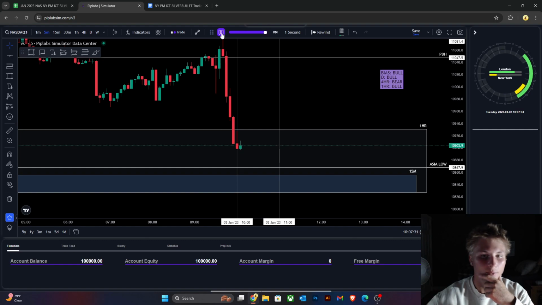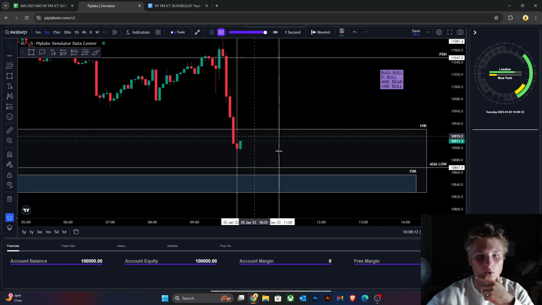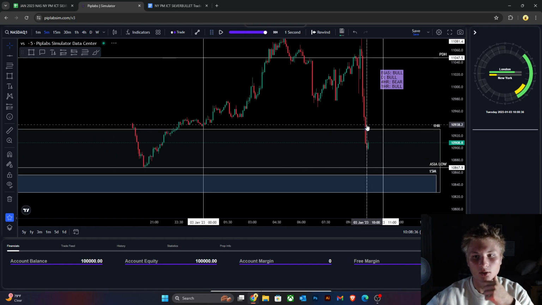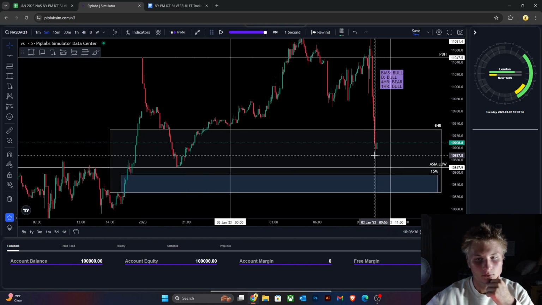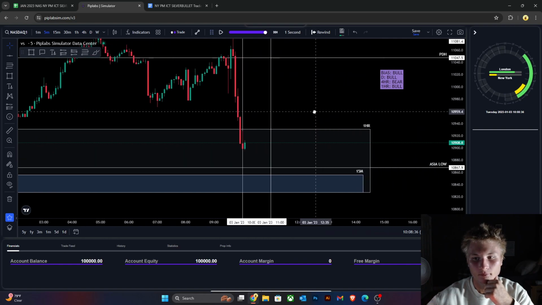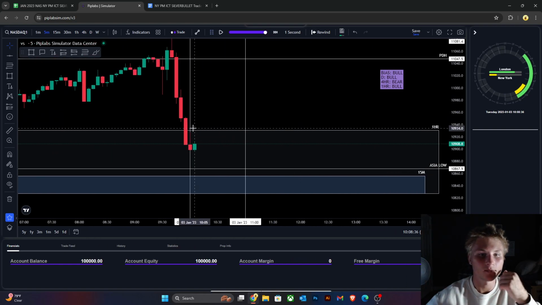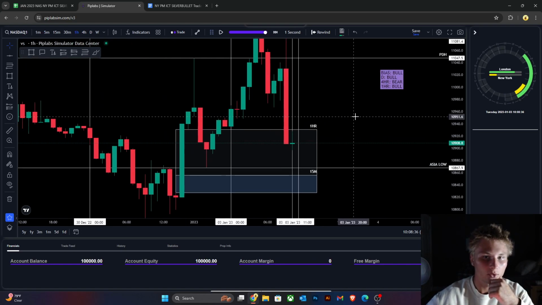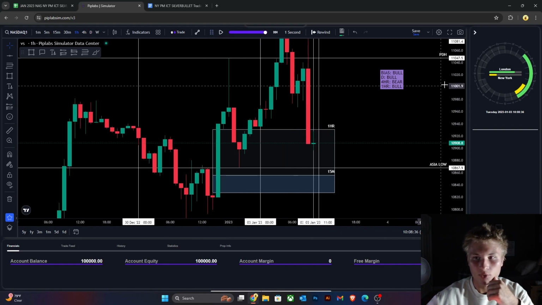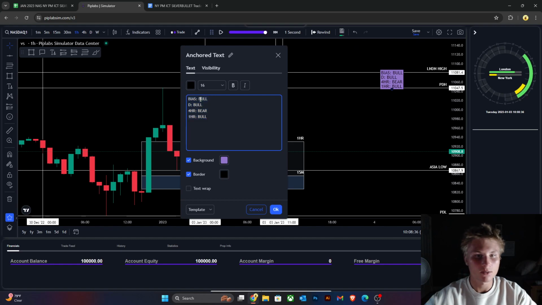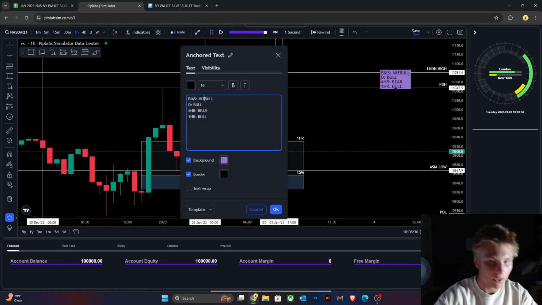Honestly, it could make sense if price wants to sweep this Asia low right now, being the drawn liquidity. I'm thinking of taking this gap right here, but on the 1 hour, we have 1 hour break of structure to the downside. I'm gonna make this bias more mixed.